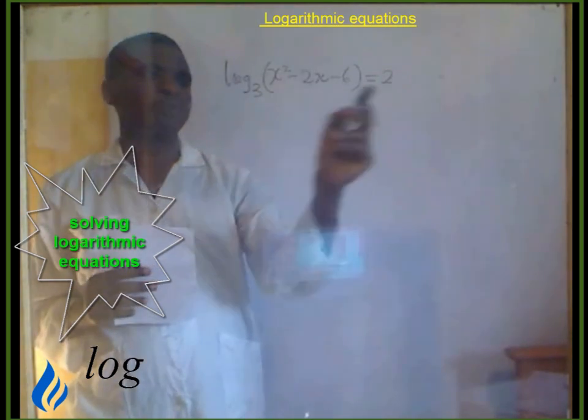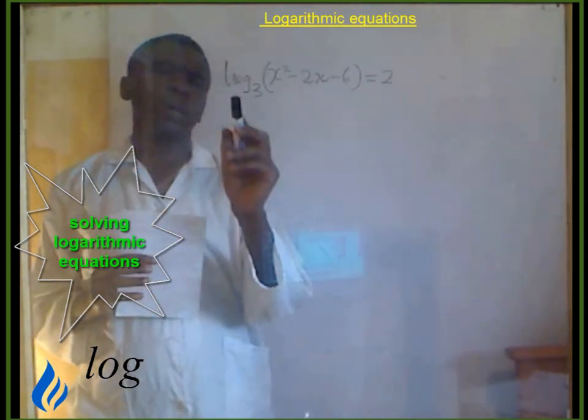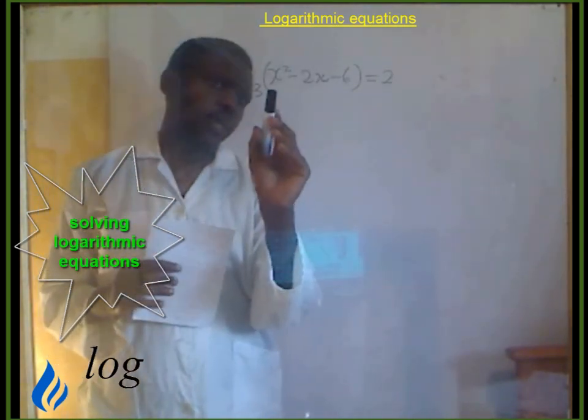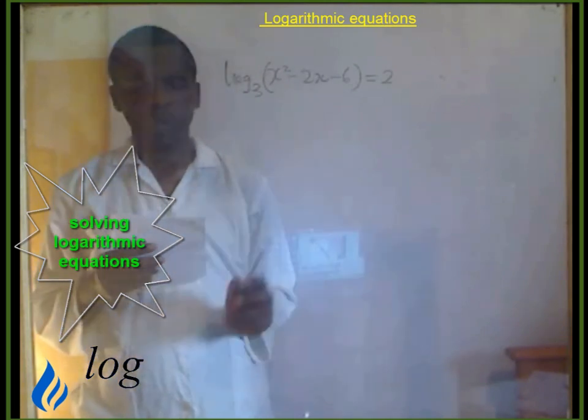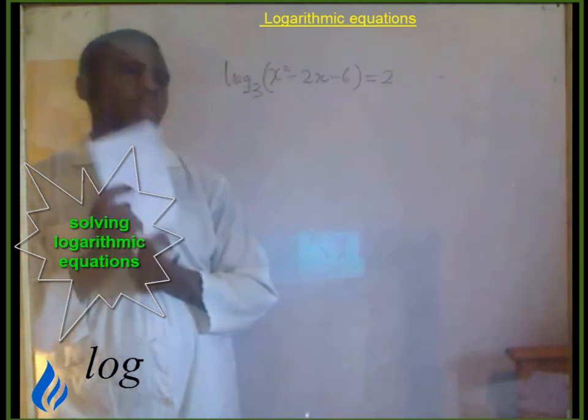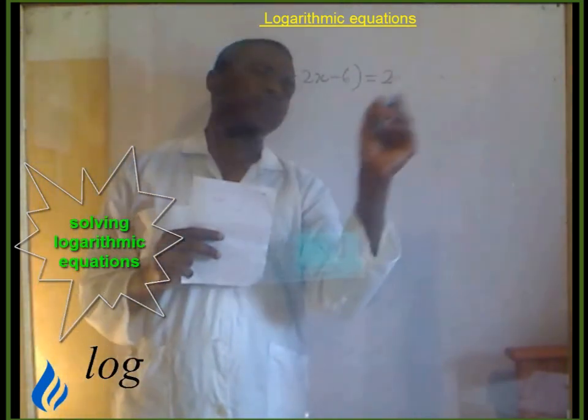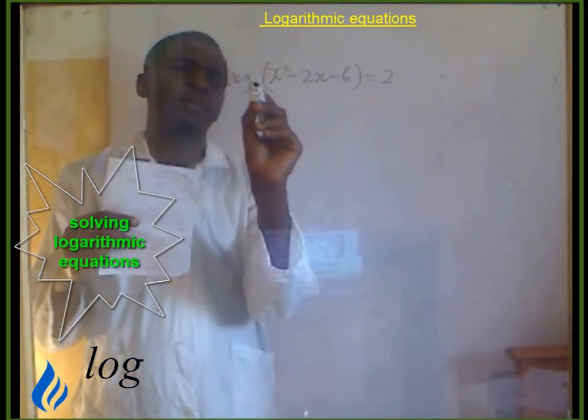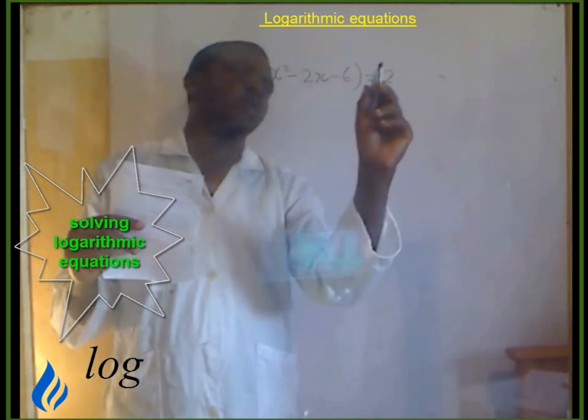Let's look at this problem here. Log base 3 of x squared minus 2x minus 6 is equal to 2. Now, I start by removing the logarithm. This is my base, and this is the power or the logarithm.